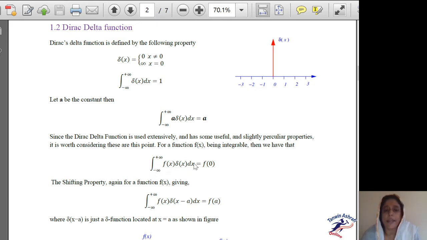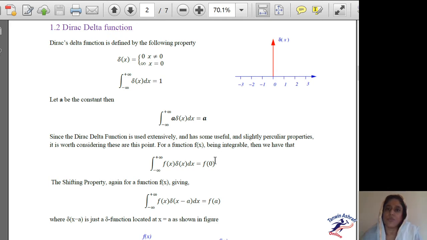When we multiply f of x with the Dirac delta function, it exists only at x equal to 0. That is, it gives the value of f at x equal to 0.